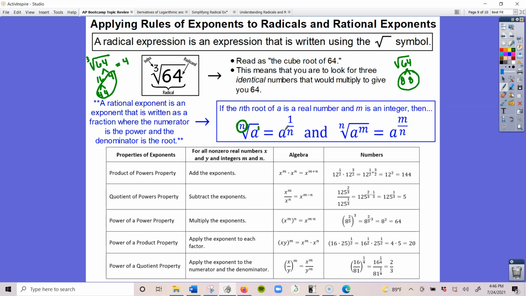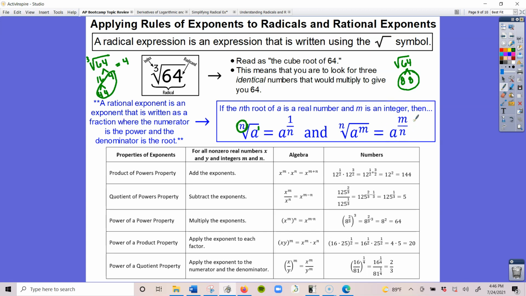So this is a raised to the 1 over n. Now, if you have the nth root of a raised to some other exponent, we'll say m, again, m, the power, is the numerator, and n is the denominator. So this could be rewritten as a raised to the m over n.